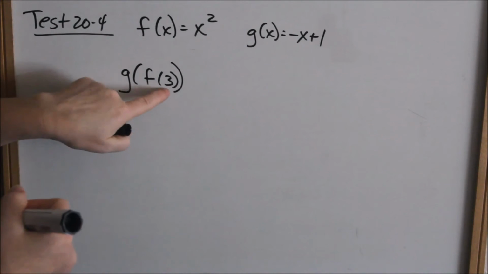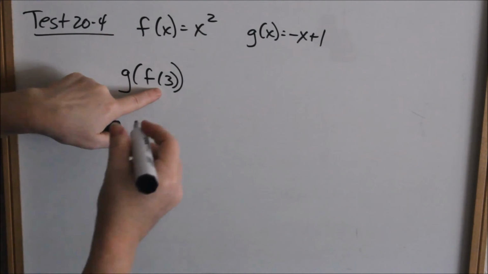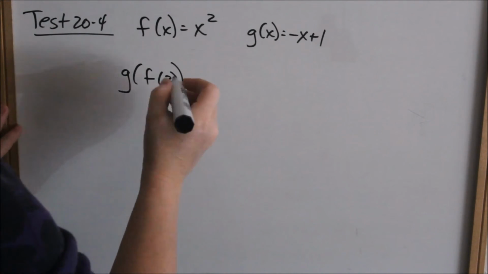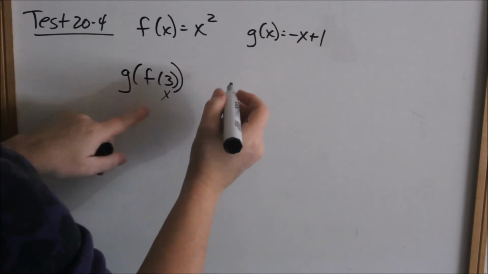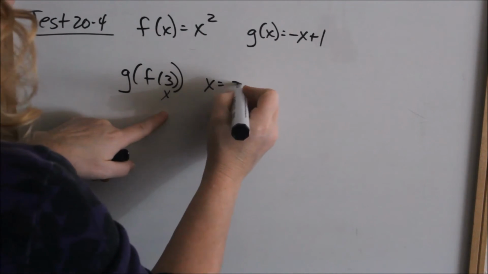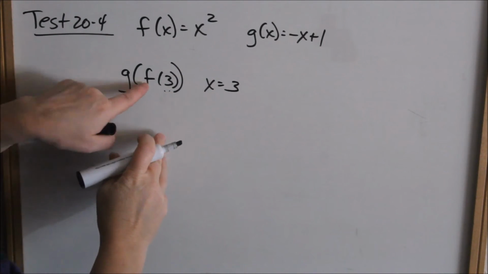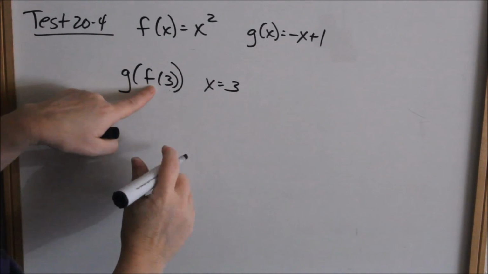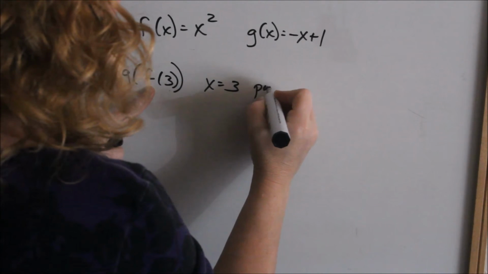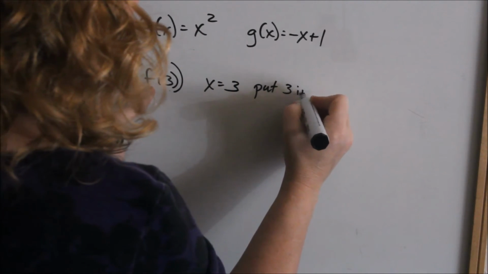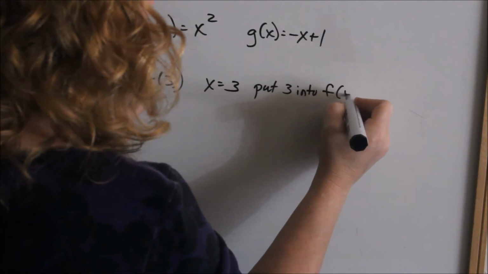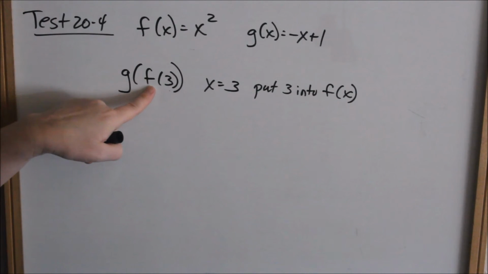Do you notice we have a 3 instead of an x? So basically we're saying x equals 3. Everywhere we see an x in the f function, we're going to put in 3. That's the first thing that we're going to do.